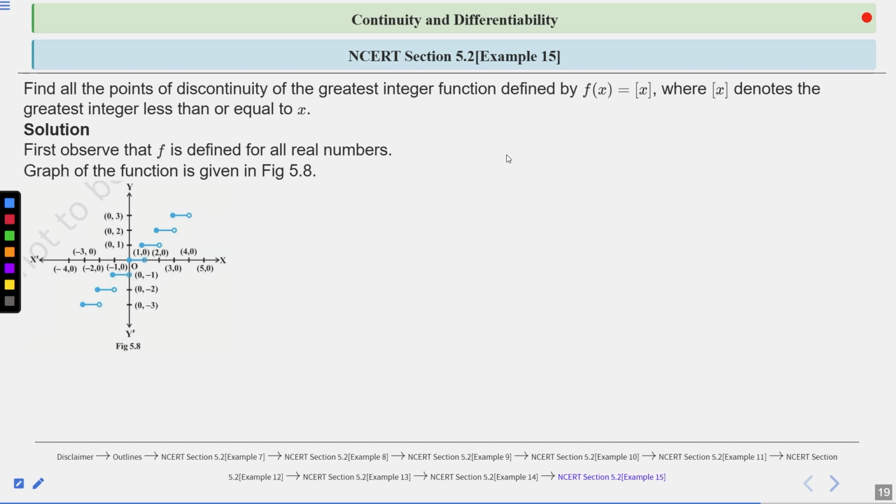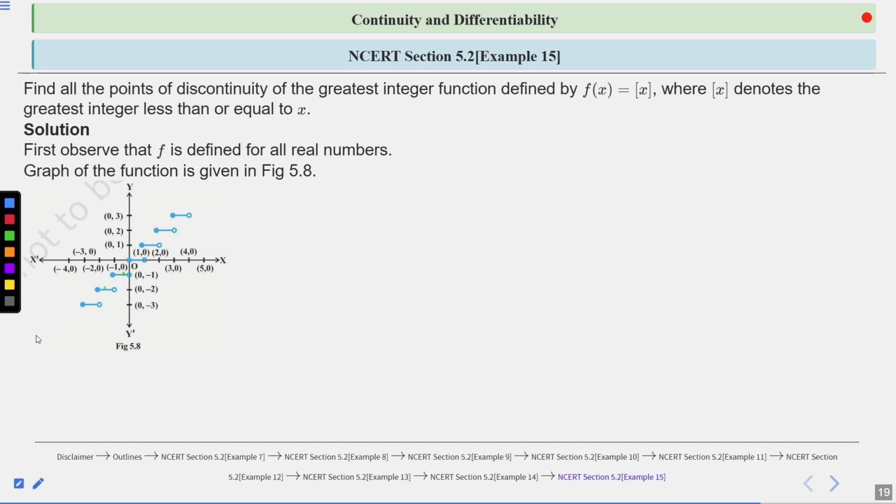The graph of the function is given in figure 5.8. The value of the greatest integer function will be 0 when x is less than 1, 1 when x is less than 2, and 2 when x is less than 3, and so on. For negative values, it will be negative 1 and then negative 2, and so on.